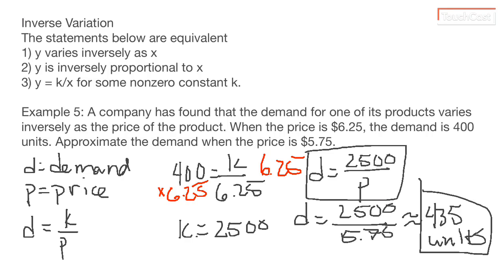Let's look at an example where we could have both a direct and an inverse variation happening at the same time. So here we're in example 6.